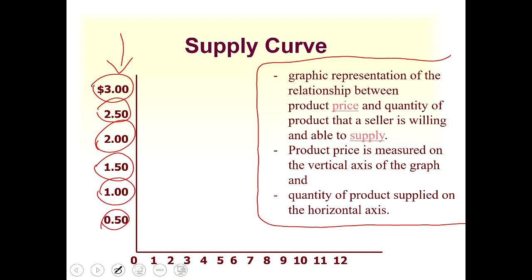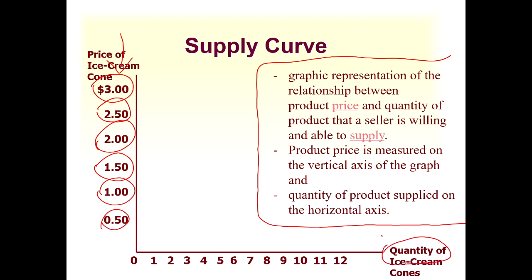And on the x-axis, we have the quantity of ice cream cones sold. So we are continuing with the previous example of ice creams that we used for the demand curve. Here on the x-axis we have quantity, on the y-axis price of ice cream.